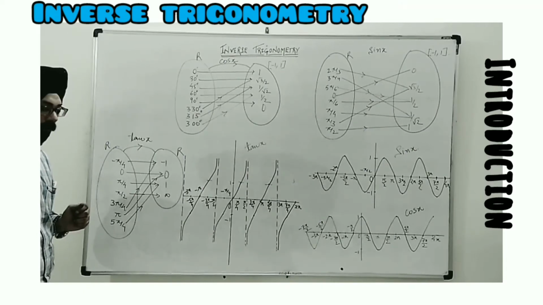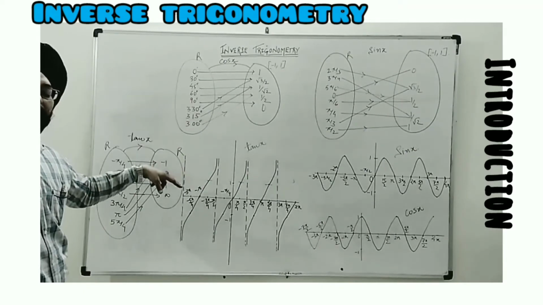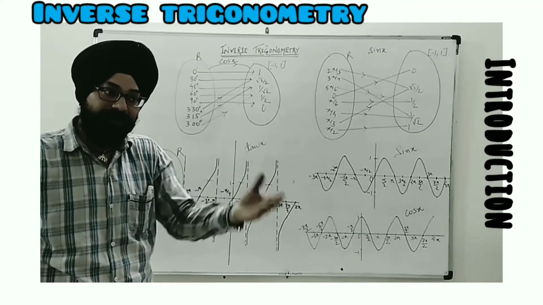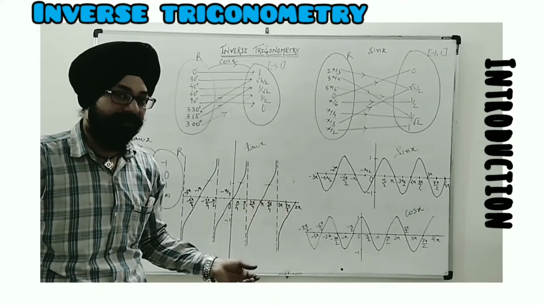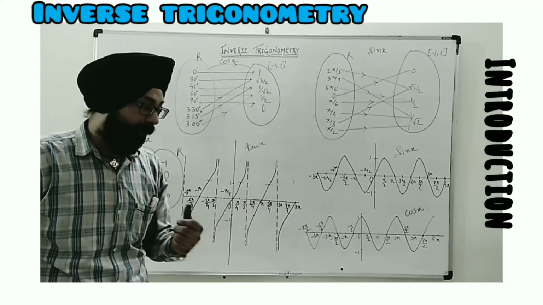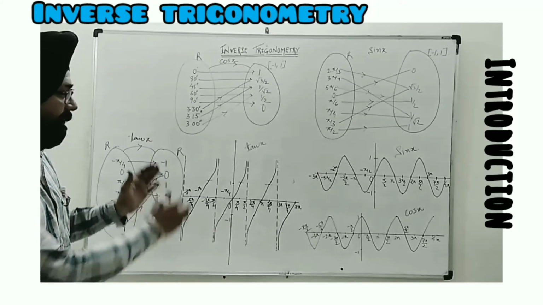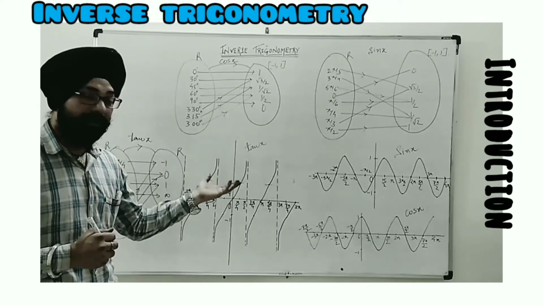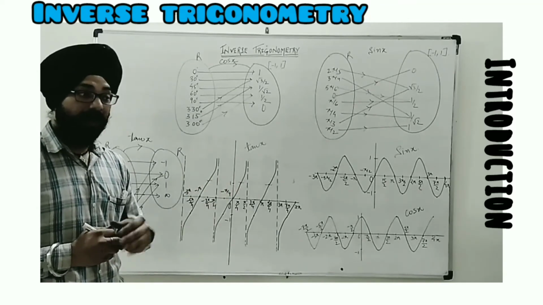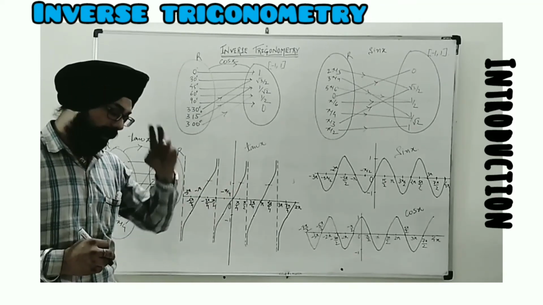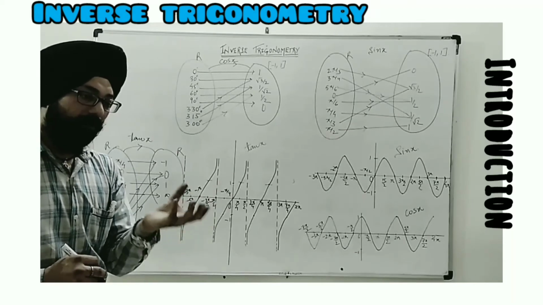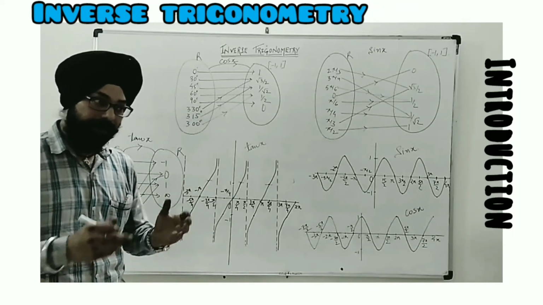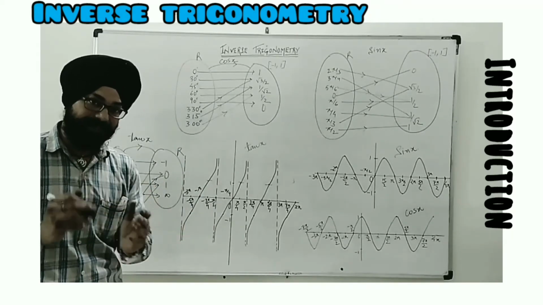So these three main functions are not bijective. The other three, which are reciprocals of these three, are also not bijective. Then what does it say? It means in standard form we cannot find their inverse; they cannot be said to be invertible. Then how to define invertible? As I said, the first condition for an invertible function is that it must be bijective.